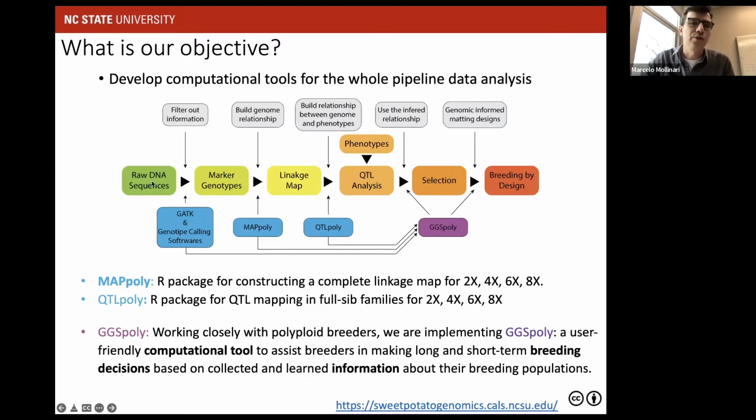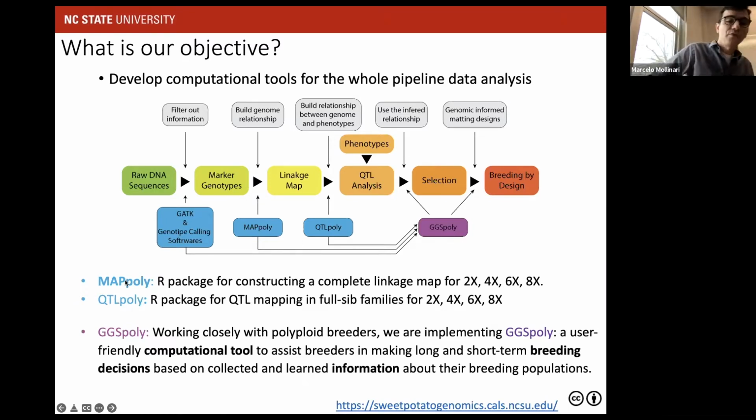So we need to go through all these stages. From the raw DNA, we need markers, we need the linkage map, and I'll show you why we need the linkage map in this presentation. We will connect this linkage map with phenotypes and have the QTL. We can use this in selection and try to design better breeding strategies.